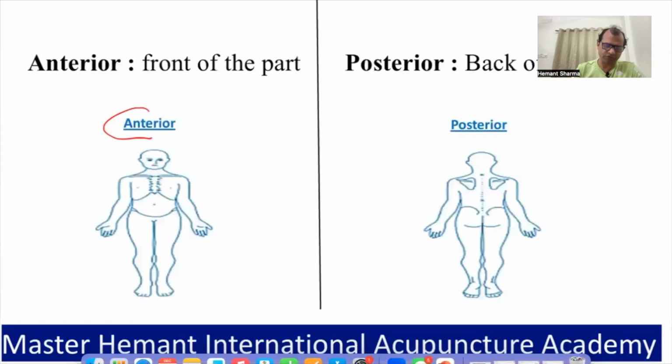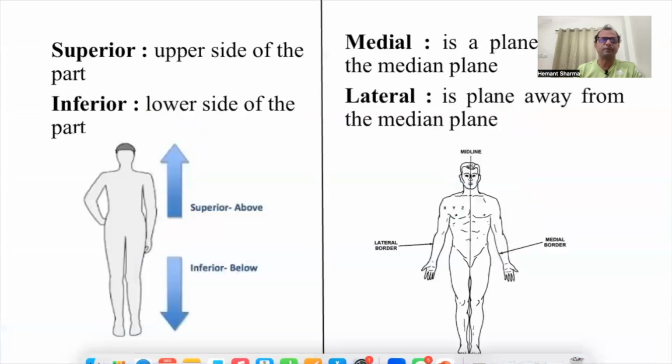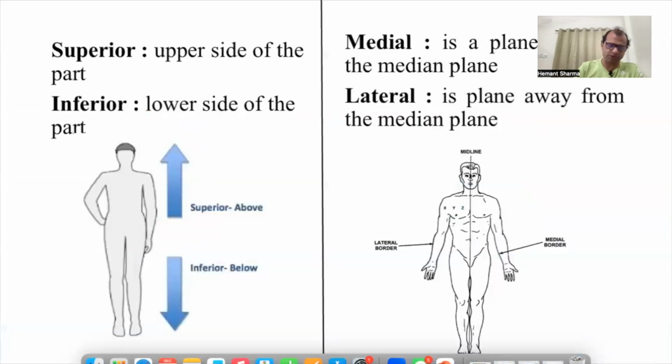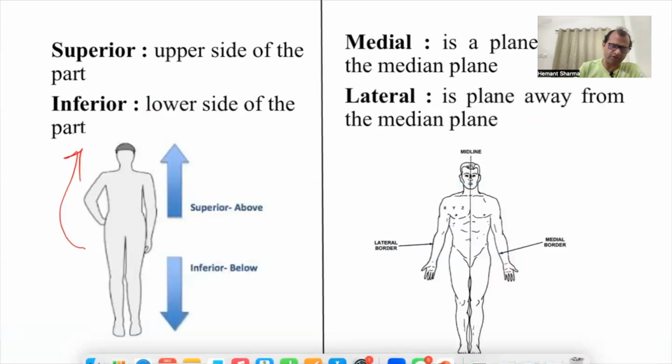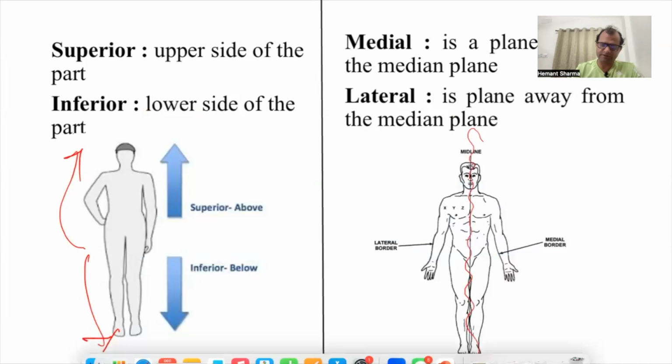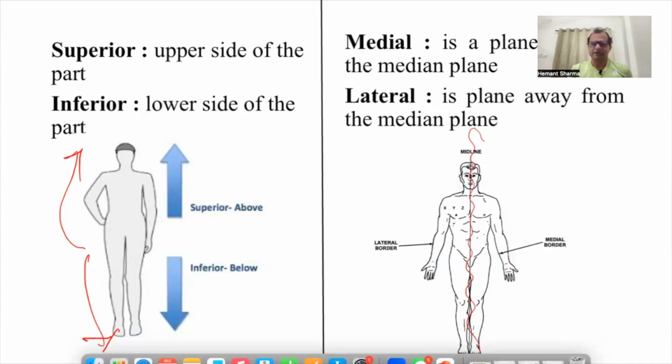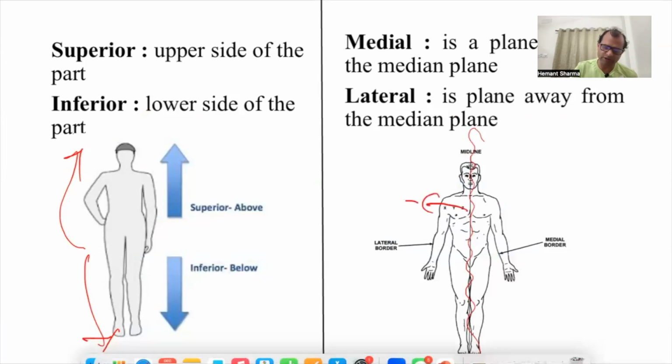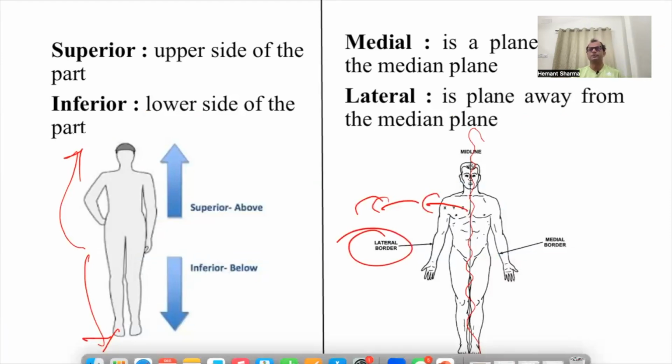So we can see this is the front part, right? The posterior part means the back part of the body. Superior means when we are going upper side, inferior means when we are going lower side. Okay. Then I discussed with you, this is the central line, middle line, and when we are going outer side, it is called lateral. Laterally means going outer side.